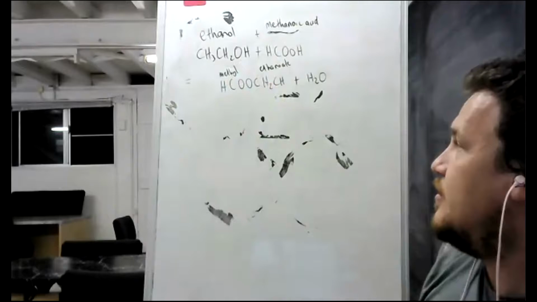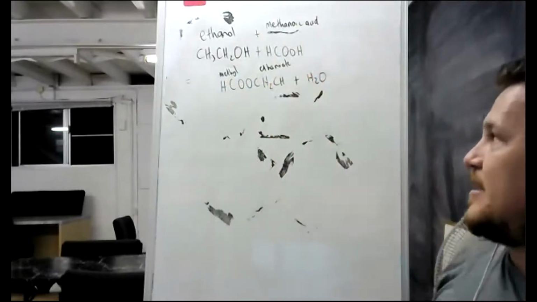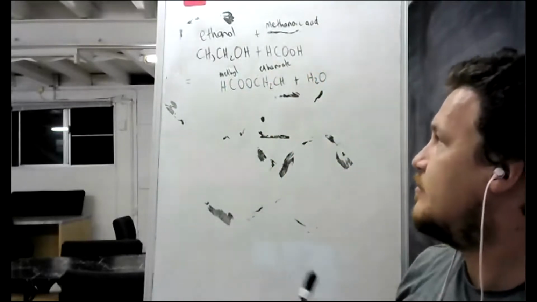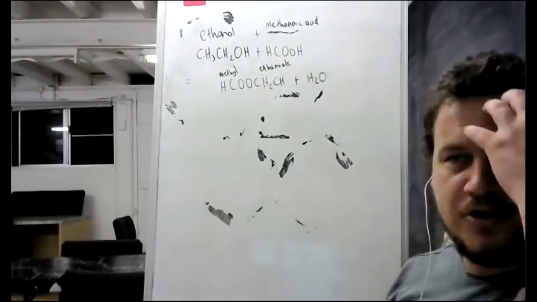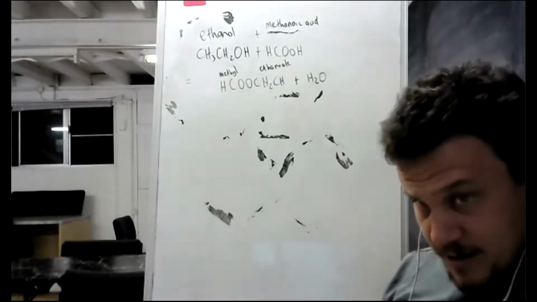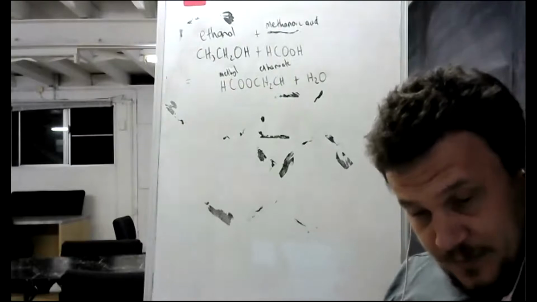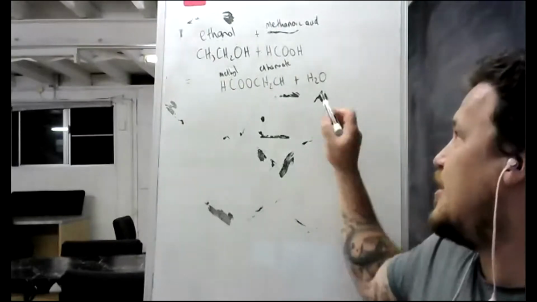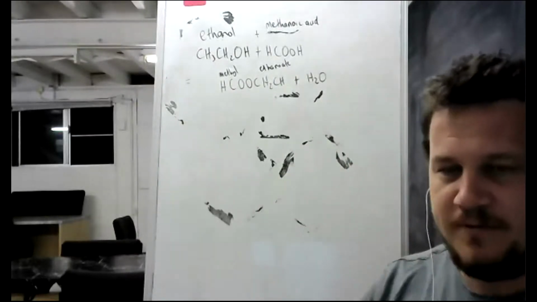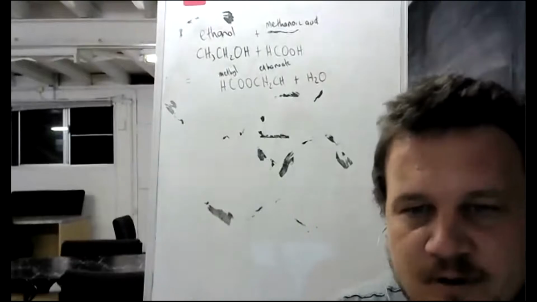Alcohol, carboxylic acid, and you get a join onto the oxygen of the alcohol and it creates the ester. It's a condensation reaction, so we get the formation of water as well. But going a bit slower than I anticipated.